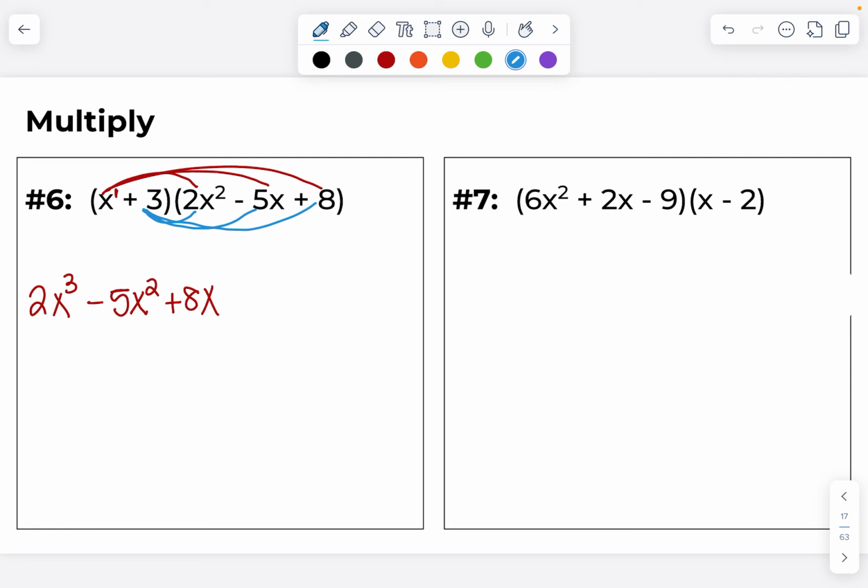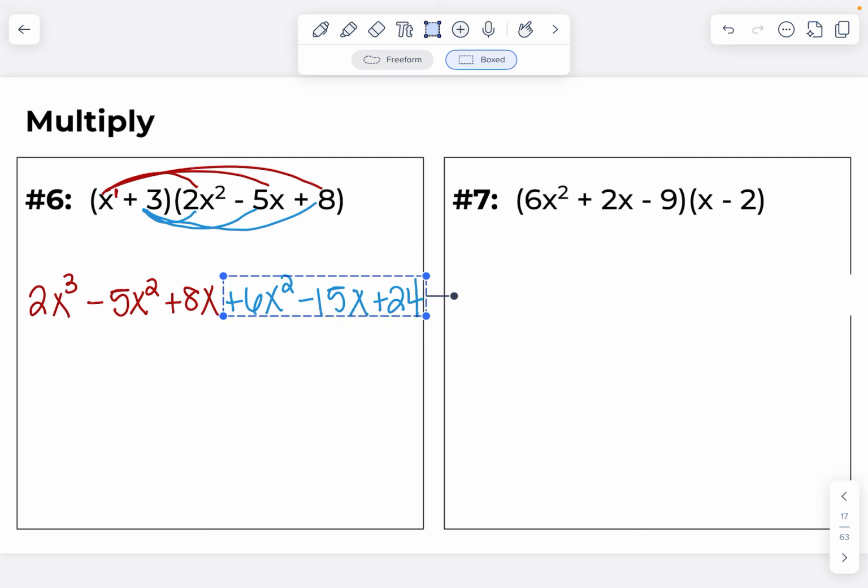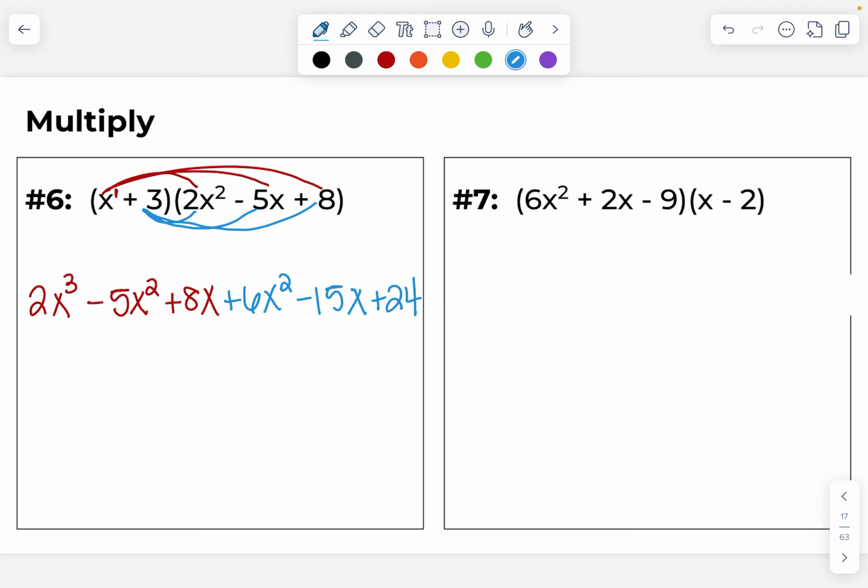So 3 times 2x squared is going to give me a positive 6x squared. 3 times a negative 5x gives me a negative 15x. And then 3 times an 8 is going to give me plus 24. Let me move that slightly so it fits in the box. So that is the first step where I've multiplied it out.